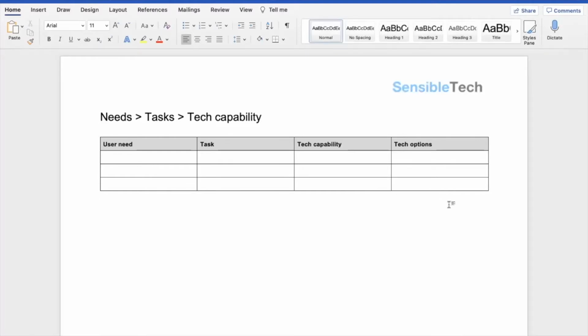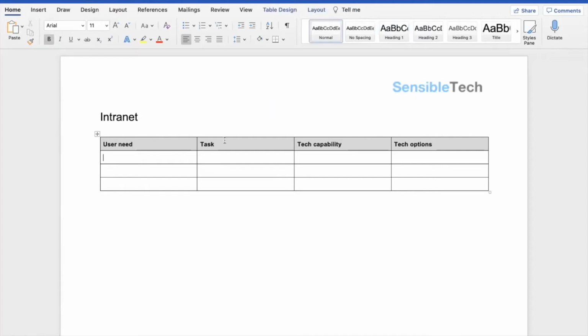I hope you can. So I've just downloaded the template here into Word. I'm now going to start typing some stuff in. As I say, in this example we're going to be looking at an intranet, so let's put that up there so that we know what we're talking about.